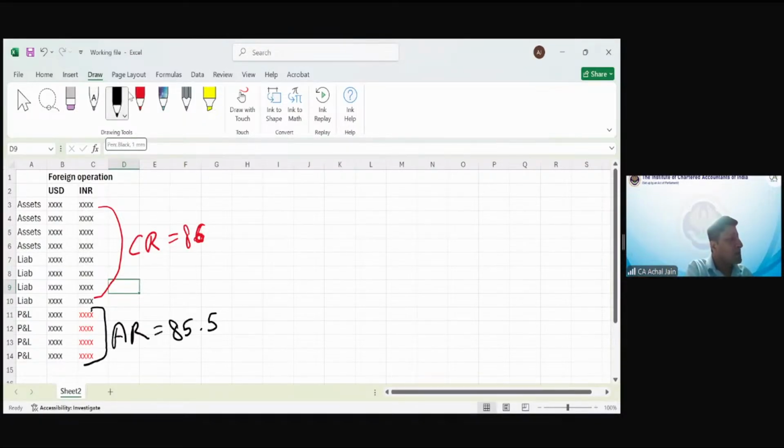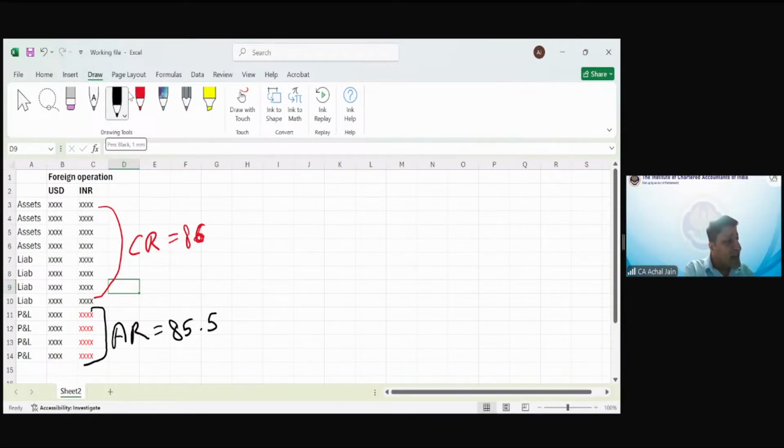So now, when you convert all of these items, some you will convert using the closing rate, some of them you will convert using the average rate.